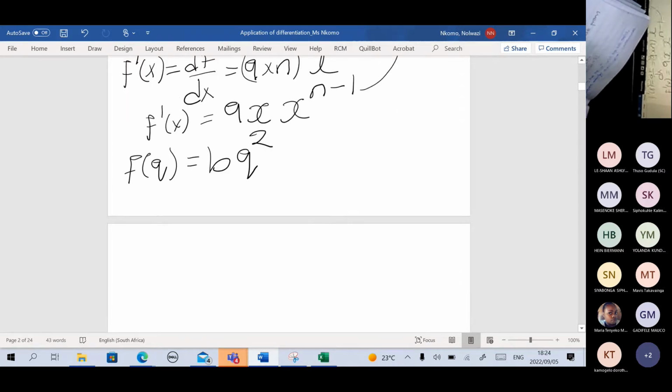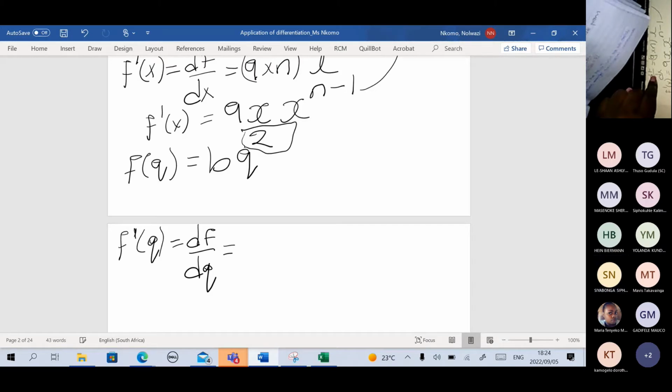And we were asked to differentiate f with respect to Q, meaning the derivative of f with respect to Q. We said we have to take the power and multiply it by the coefficient. So this means we have B times 2Q, then we subtract 1 from the power, right?